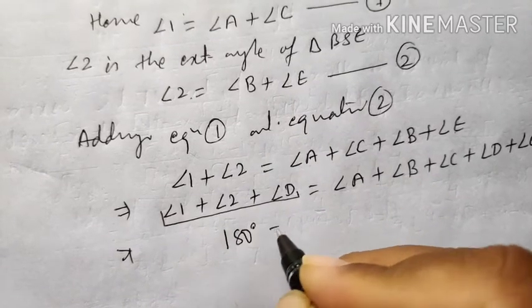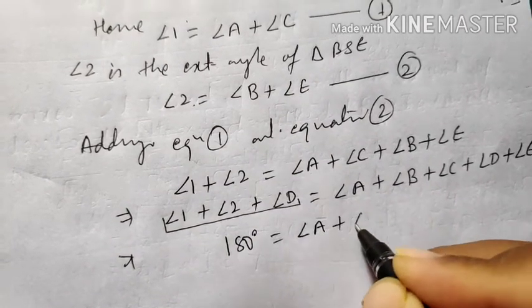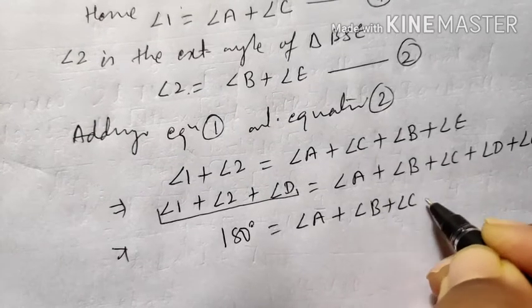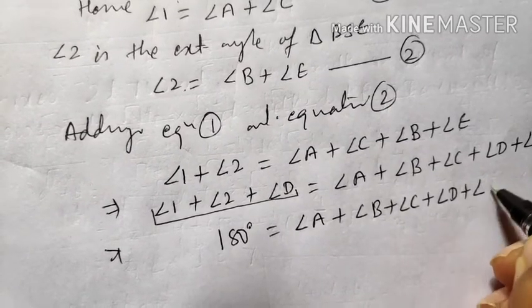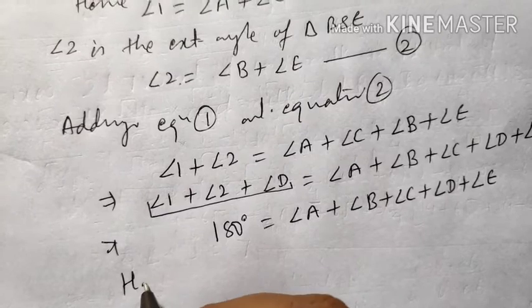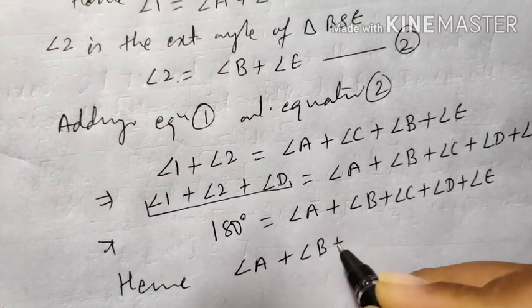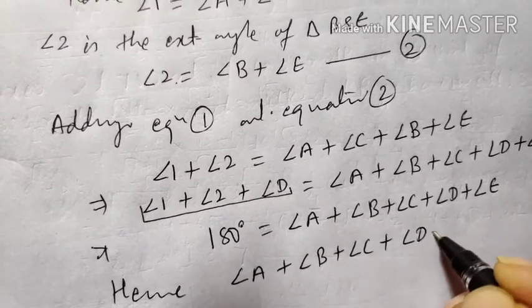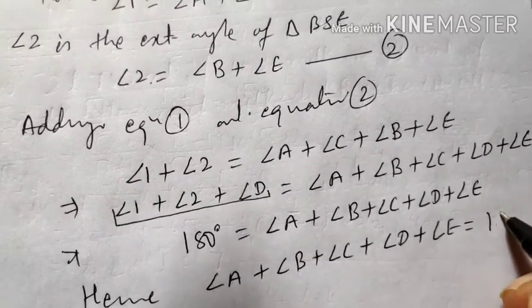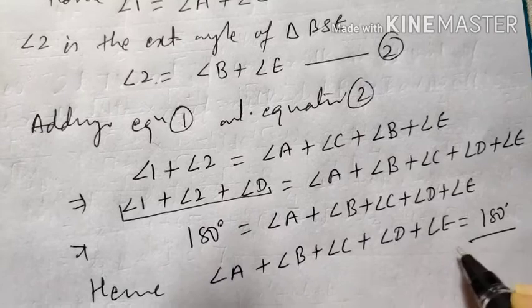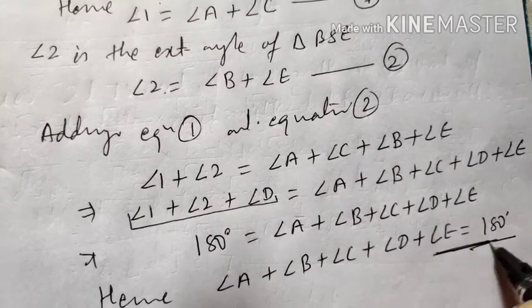This implies 180 degrees equals angle A plus angle B plus angle C plus angle D plus angle E. Hence, angle A plus angle B plus angle C plus angle D plus angle E equals 180 degrees, which is our answer.